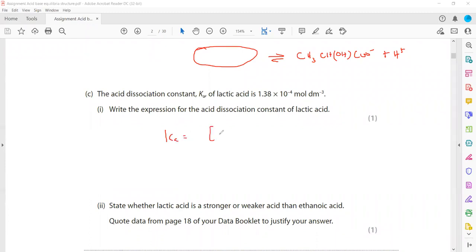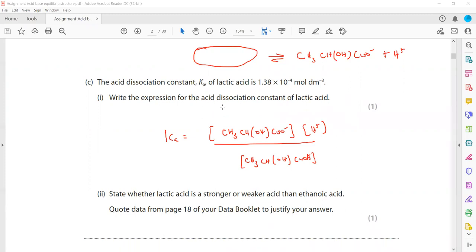So the product is the concentration of CH3CH(OH)COO⁻ and H⁺, divided by the concentration of the reactant, CH3CH(OH)COOH. So this is the expression for the dissociation constant of lactic acid.